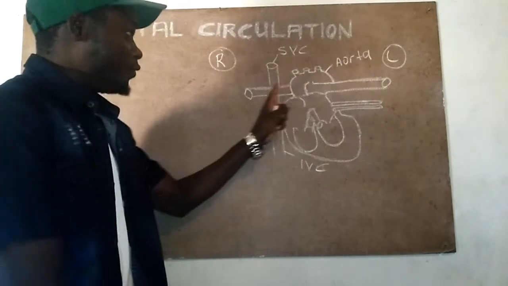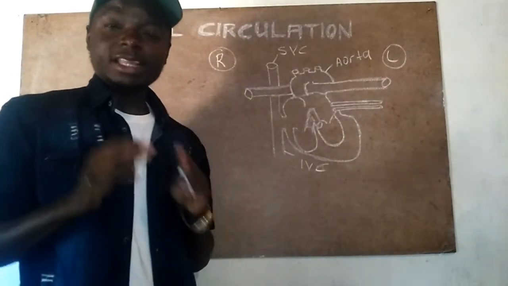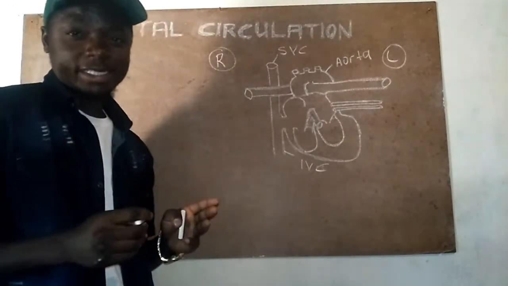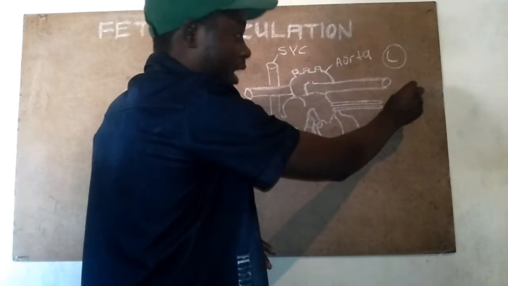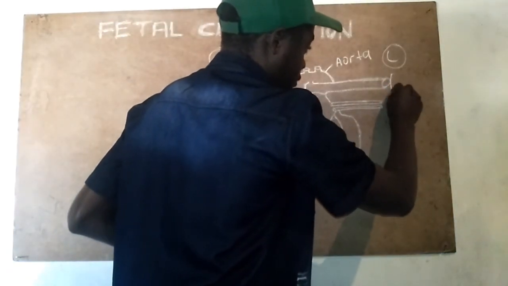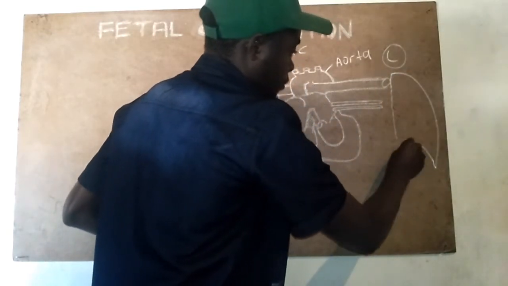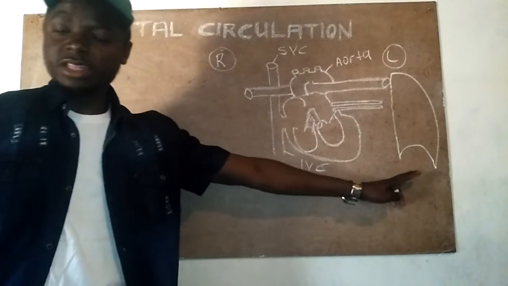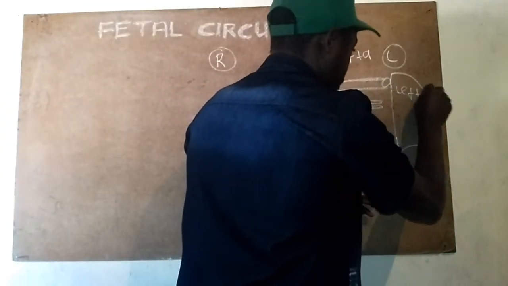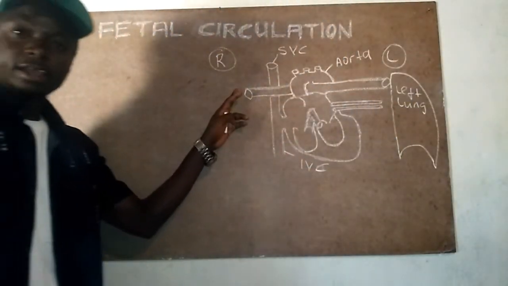Both this and this, these are what we call the pulmonary veins. These are the ones which are taking blood to the lungs to be oxygenated. So this will be the lung, the left lung, and this one will be the right lung.